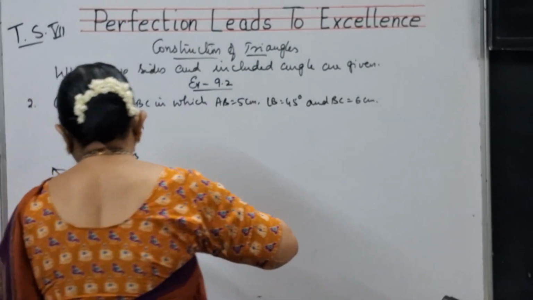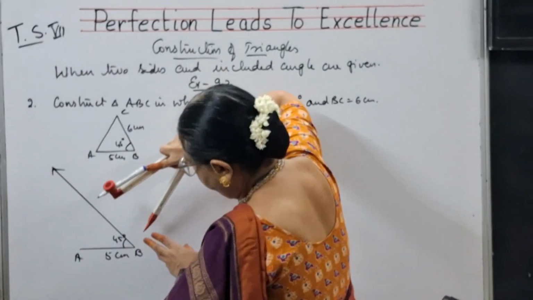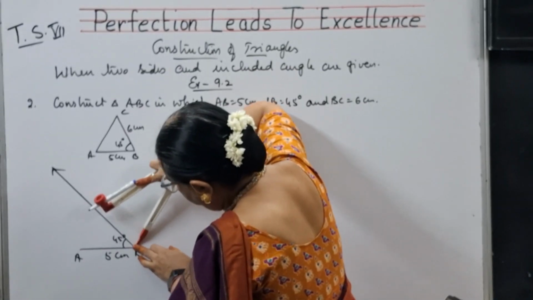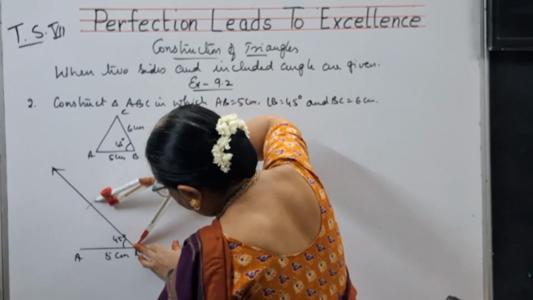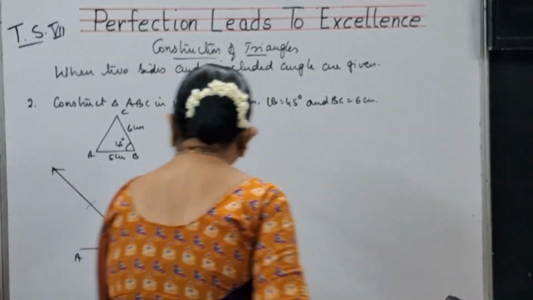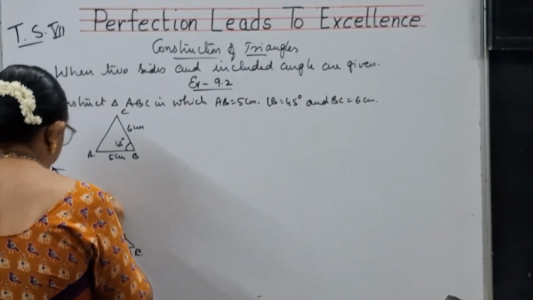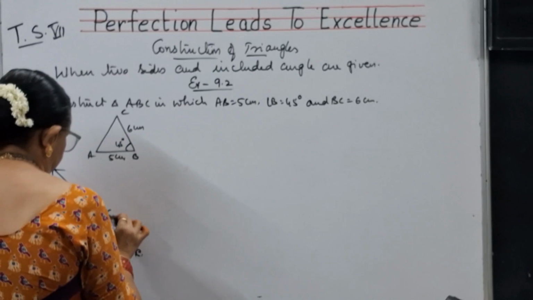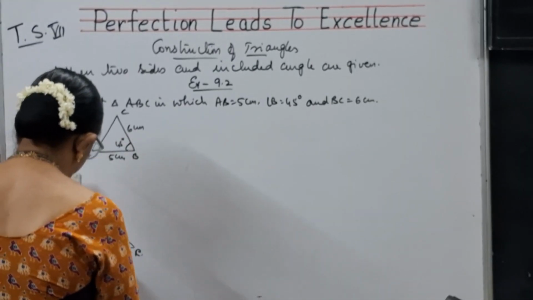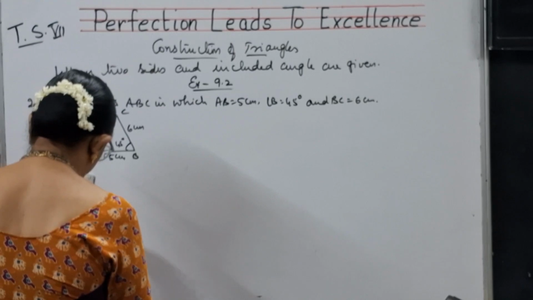Now B as a center, 6 centimeters you have to cut an arc. That is BC, 6 centimeters. Now join A and C.